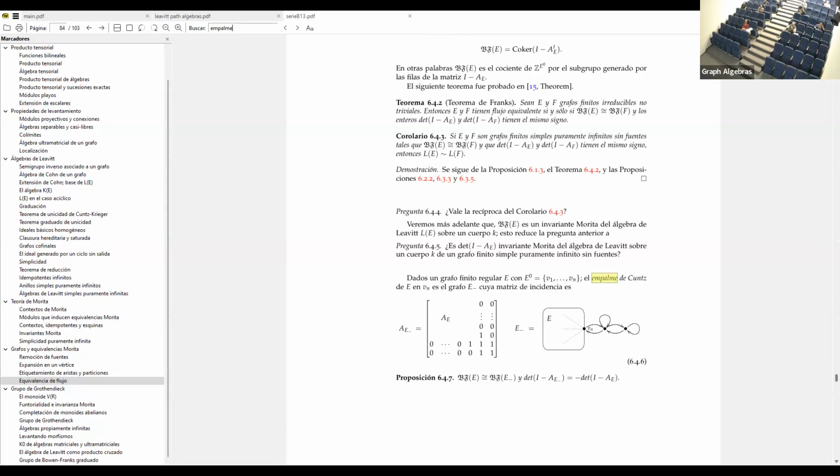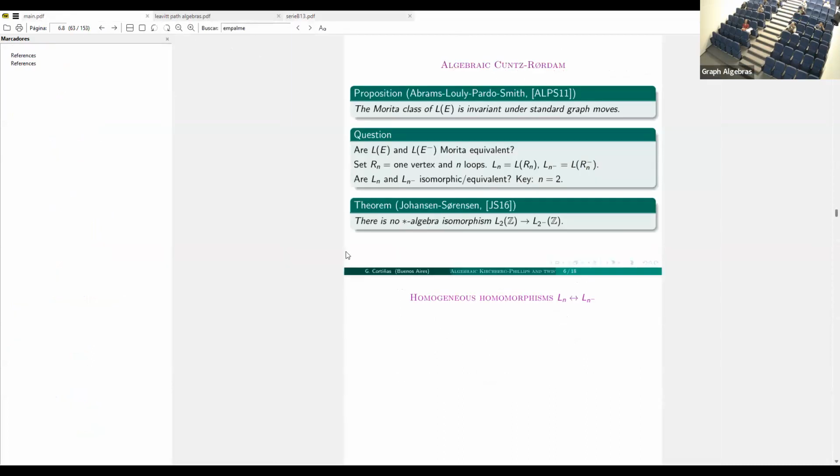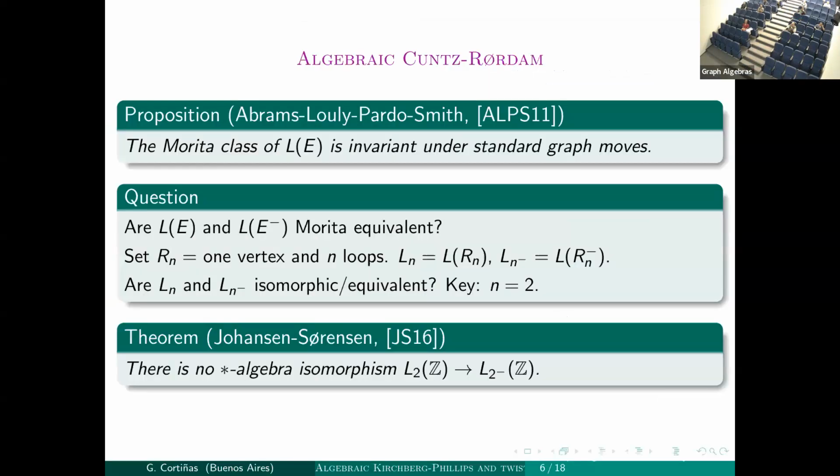This really helps. Okay. And next, is it possible that you have such a situation that the Leavitt path algebras are not Morita equivalent, but you take their C-star completions, the graph C-star algebras, and they are Morita equivalent in the C-star sense? Is it possible or not?